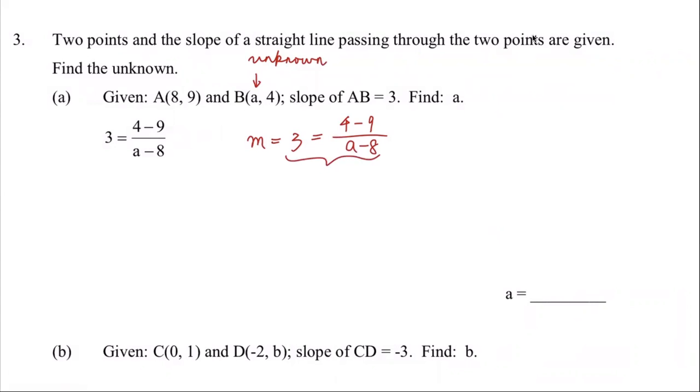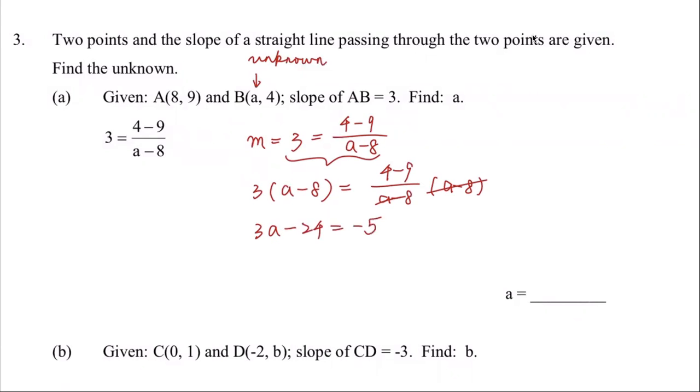How do we find a? We multiply a minus 8 on both sides of the equation. So the left side becomes 3 times a minus 8. The right side becomes 4 minus 9 over a minus 8 times a minus 8, right? And a minus 8 and a minus 8 cancel out. So 3a minus 24 is equal to 4 minus 9, which is minus 5.